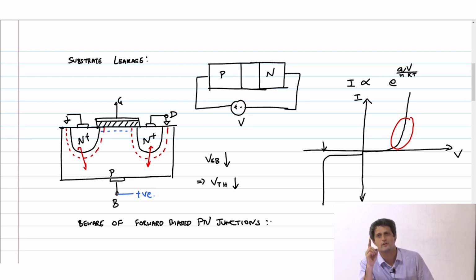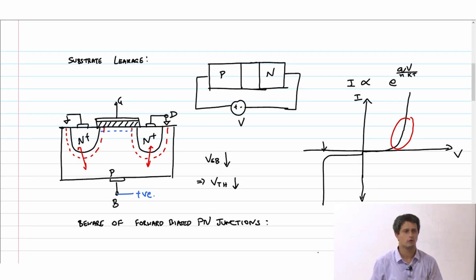You should be very careful about which junctions are getting forward biased and what the magnitude of current is. You can use simulations to figure out what those currents are, right? It's not possible to come up with a back of the envelope calculation because this is really a second order effect, okay? But you have to be very careful and watchful about this leakage mechanism as well, okay?